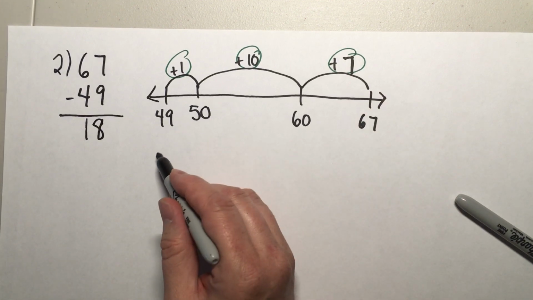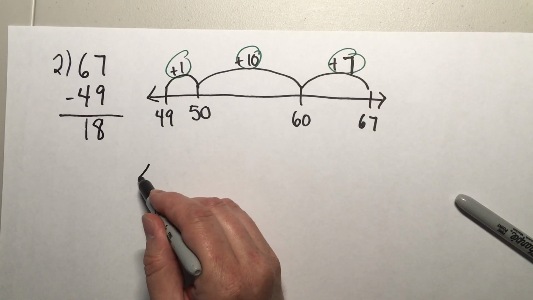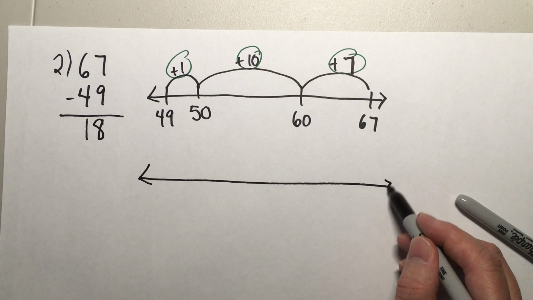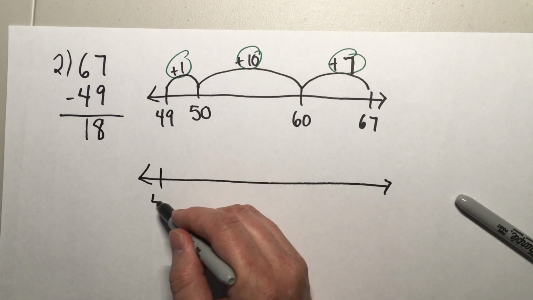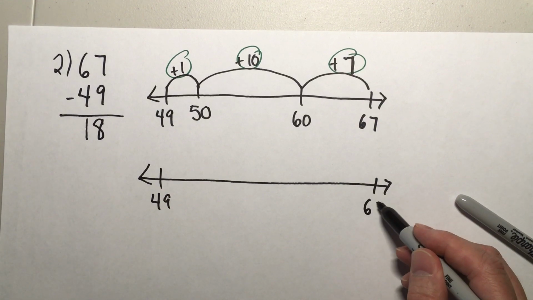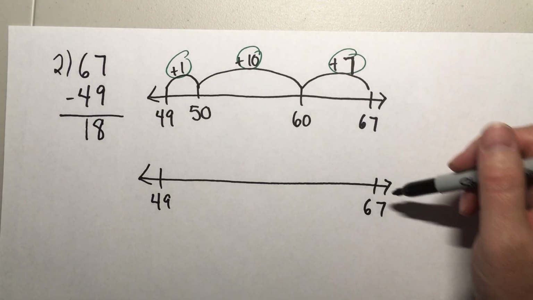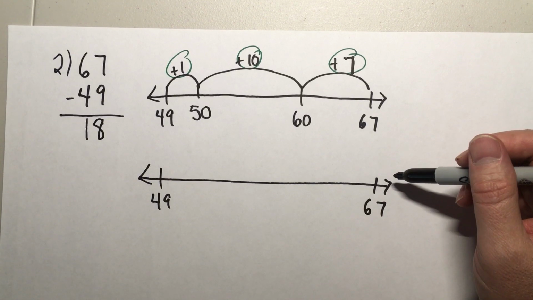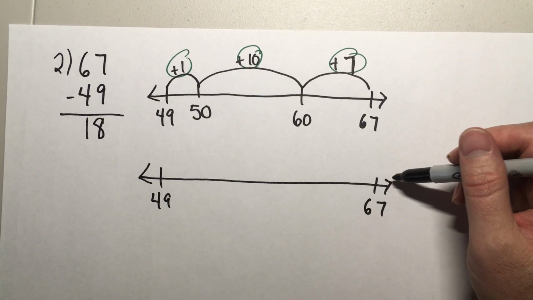Okay, let's take a look at this same example, but going backwards. 49, 67. Now, kids are really clever with being able to do this.